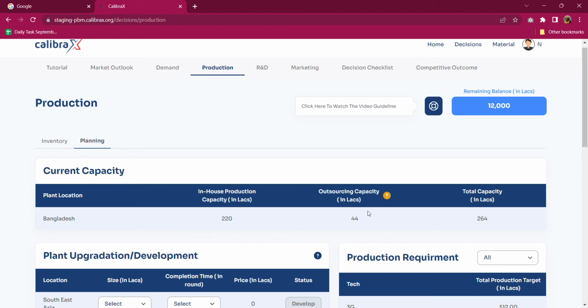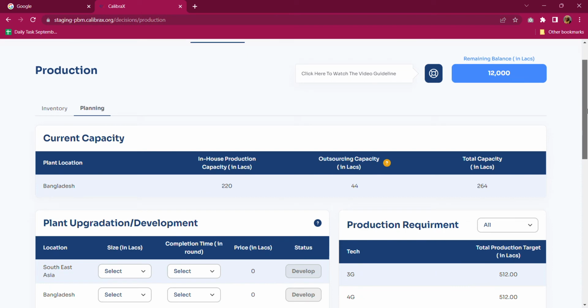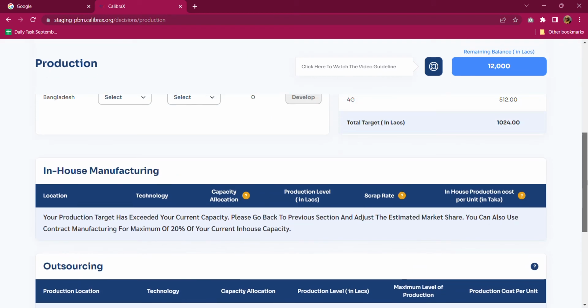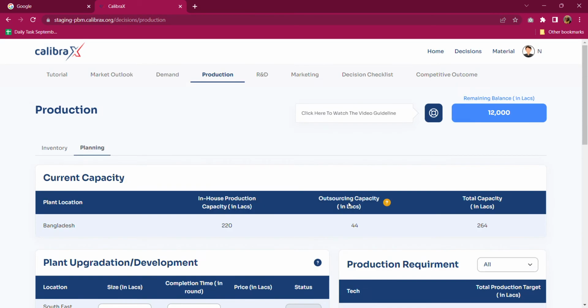Each team has an additional outsourcing capacity of 20% of their in-house production capacity. As the current in-house production capacity is 220 lakhs and the outsourcing capacity is 20%, the total capacity is 264 lakhs.